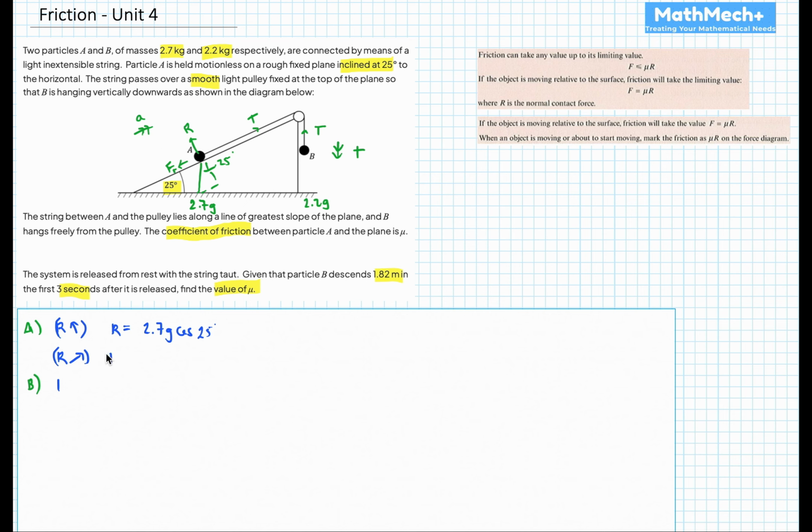So when you do it away with the tension, so we have T, and we have another force in that same direction going the other way. We have what we consider a resolving force with sine. So we have T minus F minus 2.7 G sine 25. Again, pause the video if you're not entirely sure. Just have a quick look at how that works.